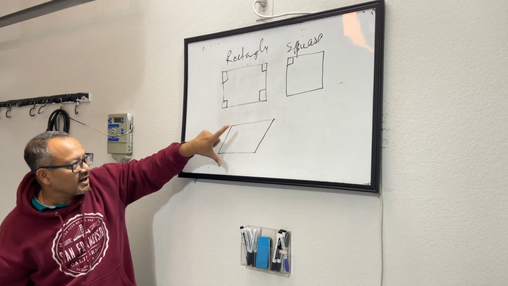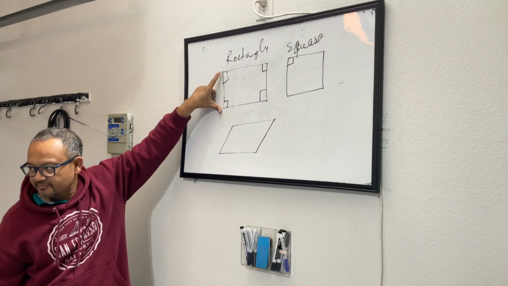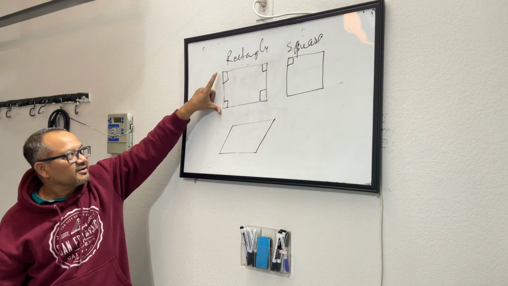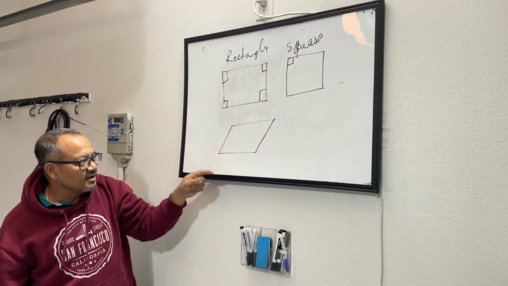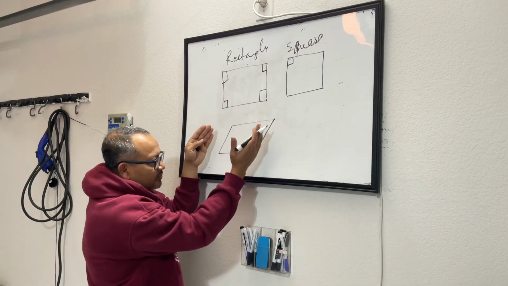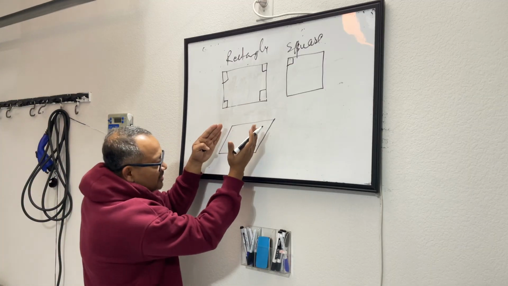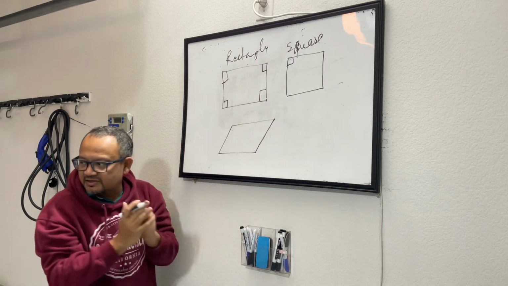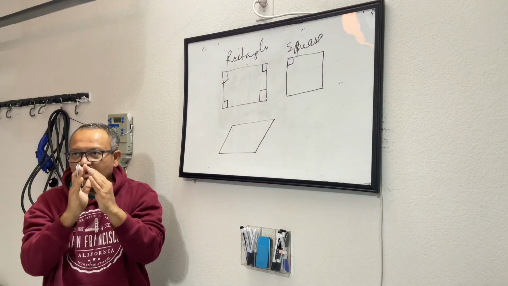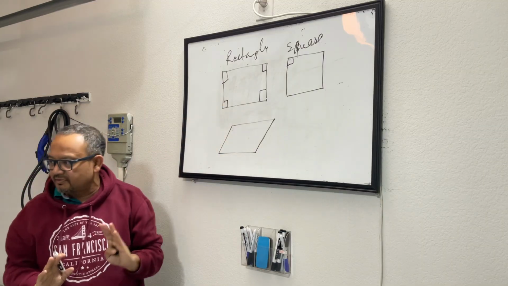If you look carefully, this one and this one are both parallelograms, because in both, opposite sides are equal and parallel. So here also opposite sides are equal and parallel. Parallelogram is a wider set, where if the angles are 90 degrees, you will call it a rectangle. If they are not, they'll just remain a parallelogram. So parallelogram covers all the types of quadrilaterals where you have opposite sides equal and parallel.